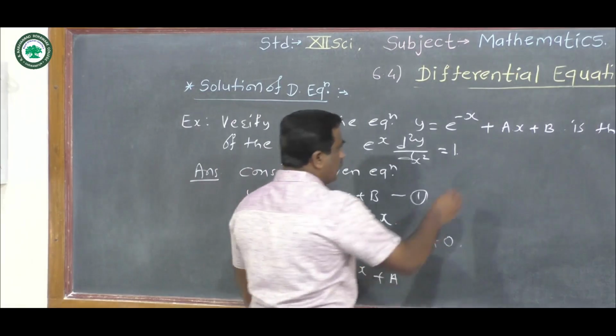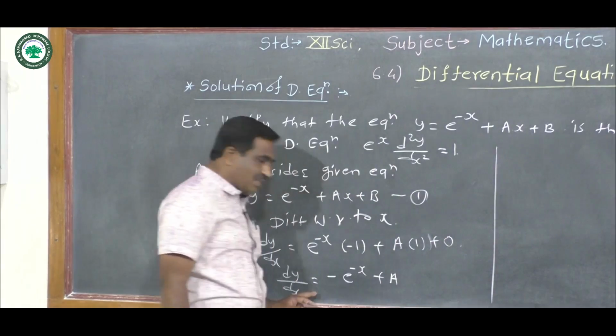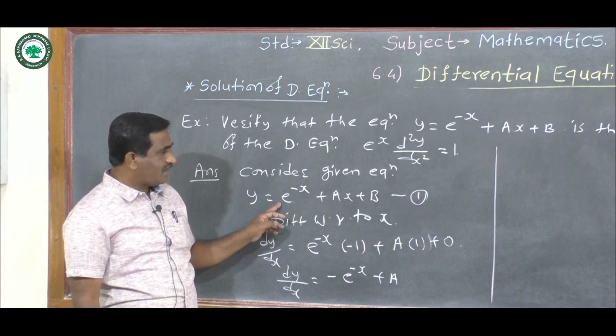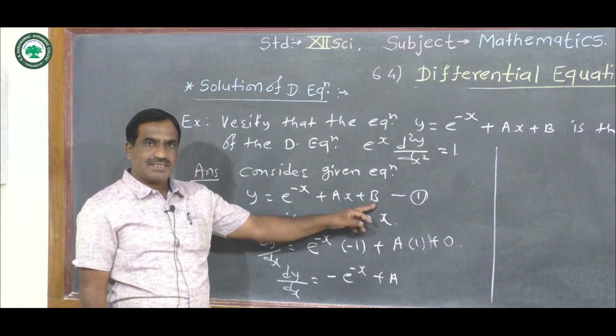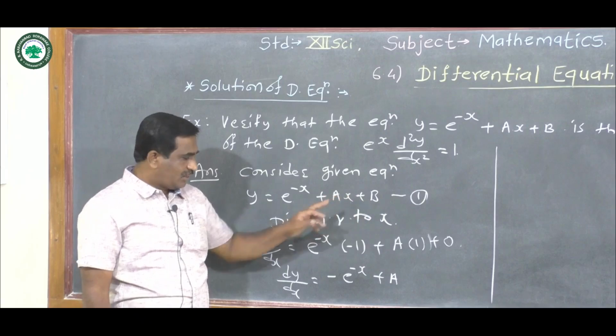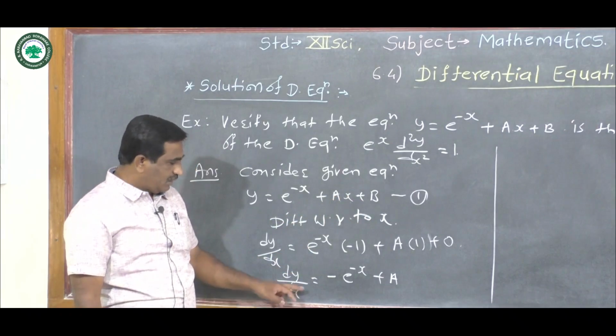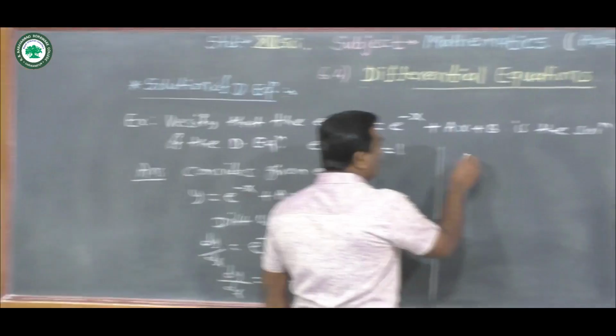Now differentiate this equation again with respect to x, because in the given equation there are two arbitrary constants and therefore we have to find the differential equation of order 2.